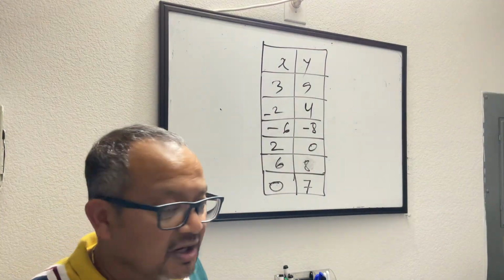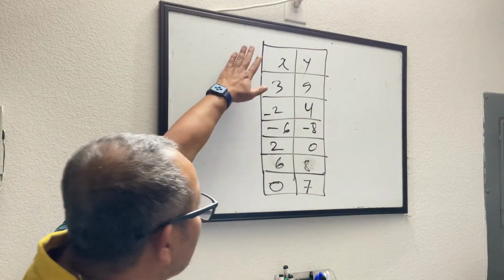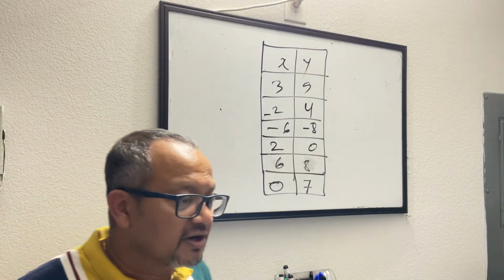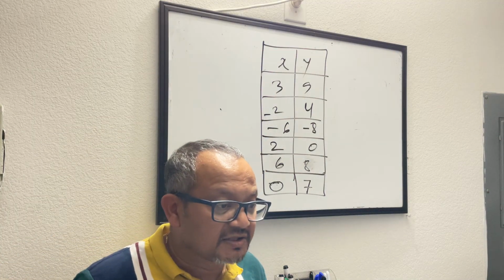I have put a table of numbers here. By looking at the table, can you tell me what the x-intercept and y-intercept values are?